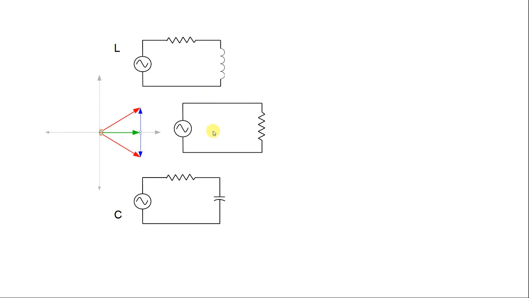What if we combined this and this circuit together? So we have inductance in there, and we have resistance, and we intentionally added capacitance in there. That would be fighting this phase shift in this direction, because the sum of these two, if they were exactly equal, would be the equivalent to a purely resistive load.